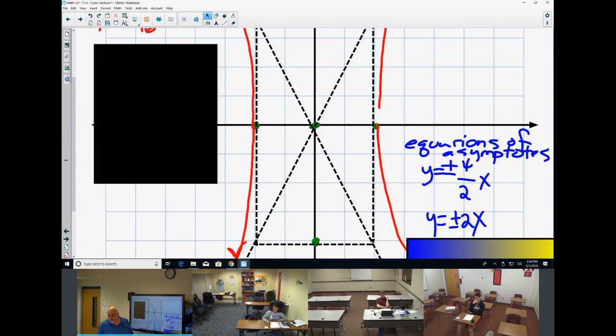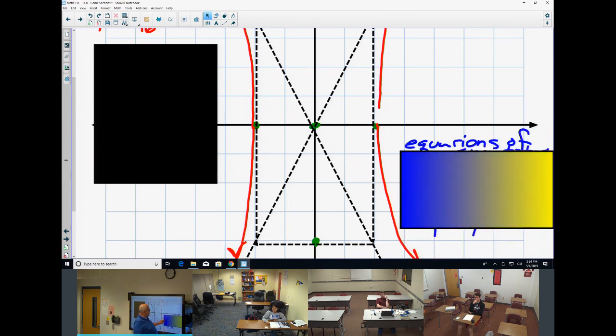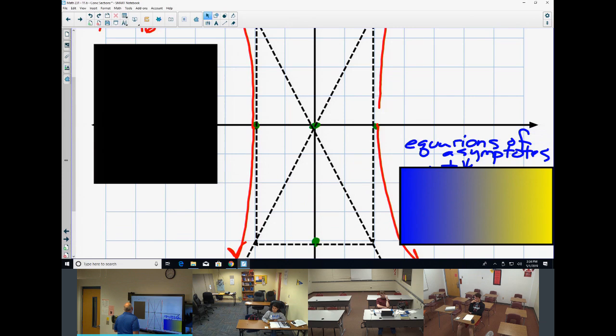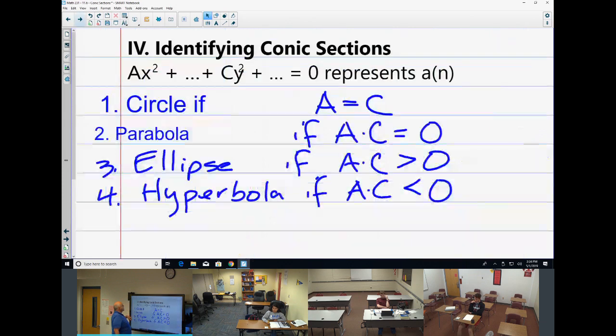Okay. So that's pretty much it for our quick and dirty review. So now the last thing we're going to finish up with here today is determining the type of conic section based strictly on the equation.